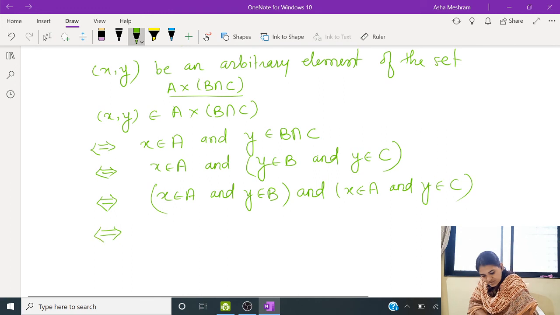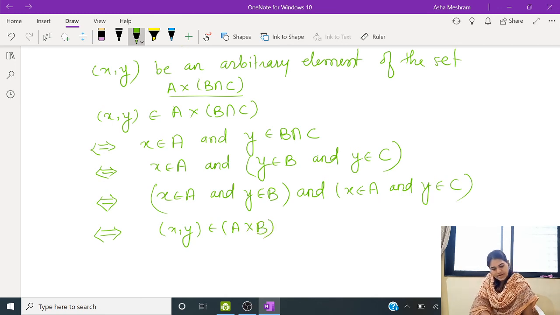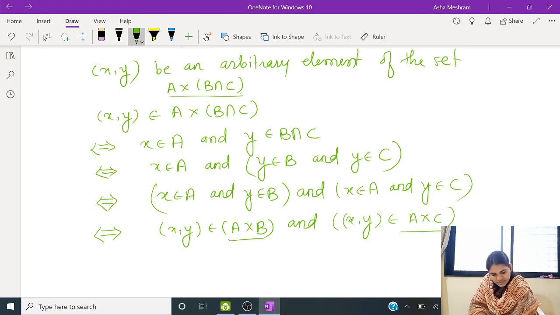Next, this can be written as the ordered pair (x, y) belongs to A cross B, and here also the ordered pair (x, y) belongs to A cross C. This is one set, this is another set.